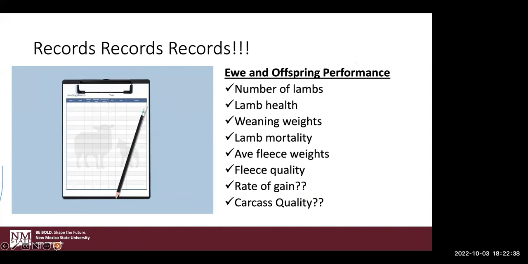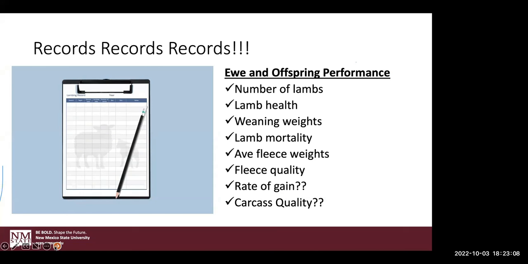This is for each animal. And lamb health, weaning weights, lamb mortality not due to predation, right? If she just continually has sick, poor-doing lambs, or she's not a good mother, whatever the case may be, these notes need to be written down for tightening up the reproduction and the maternal side of your herd, to make them a little more efficient.